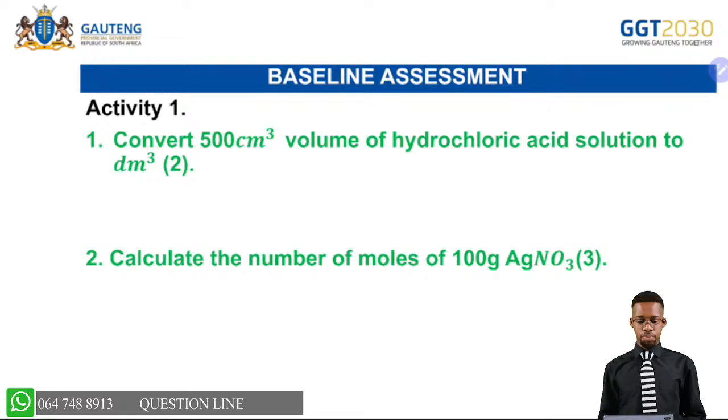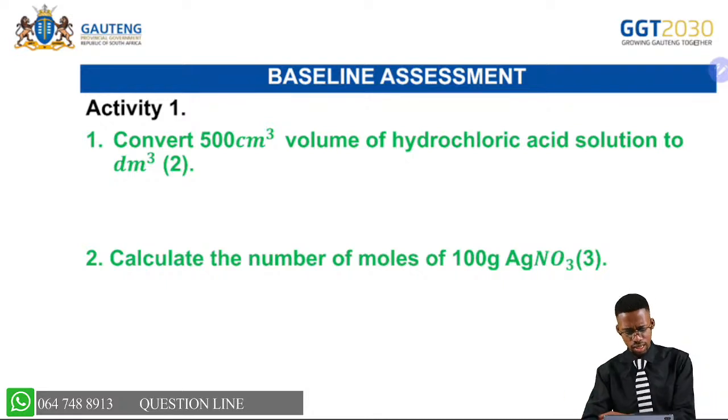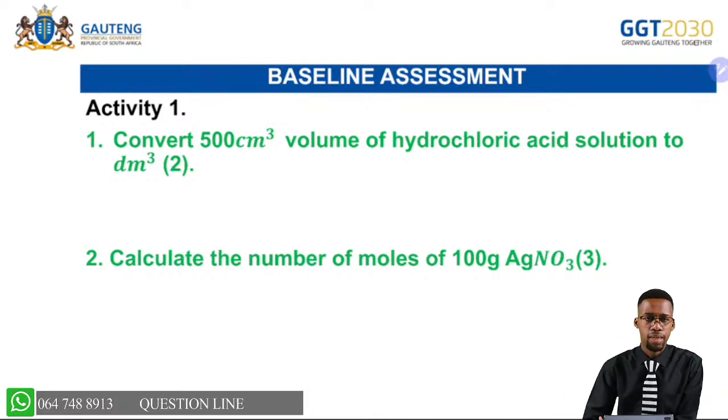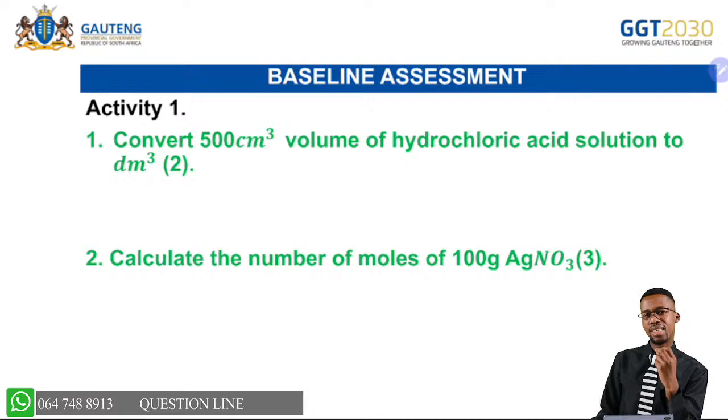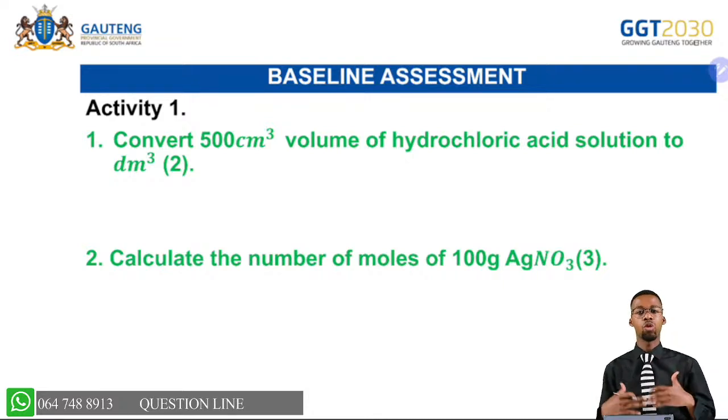For these two calculations, we are going to need a calculator. So you need to make sure that you have a calculator in your possession. Let's look at this baseline assessment. We are assessing the skills that you are going to need when we calculate for concentration.